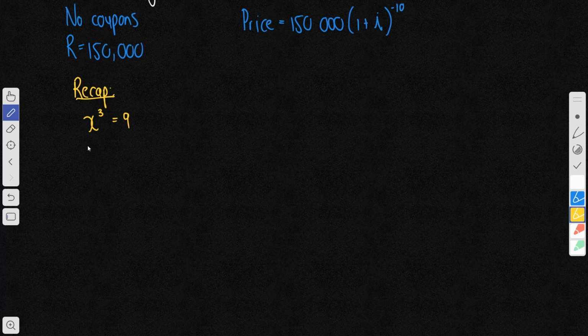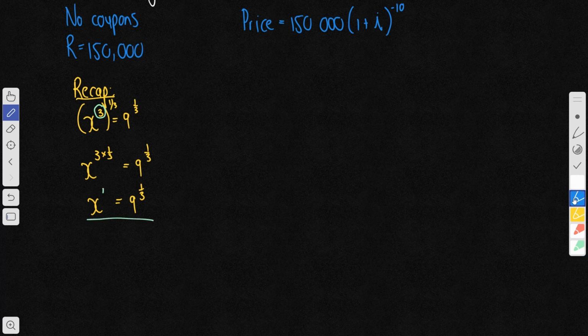If I raise both sides of this equation to the power 1/3, we can calculate the new exponent for x by multiplying the two numbers 3 and 1/3. 3 divided by 3 is just 1, so that leaves us with x is equal to 9 to the power 1/3. We've changed the exponent of x from a 3 to a 1, and that's how we solve for x in these examples.